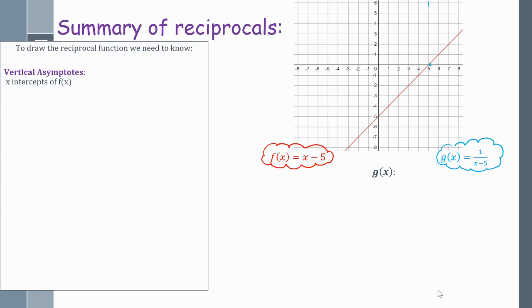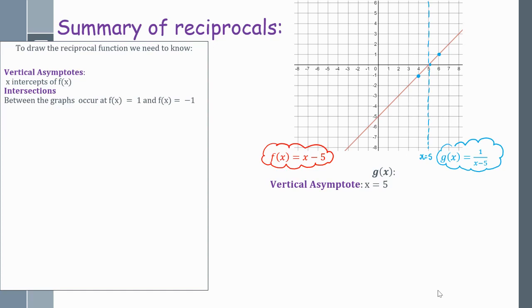Notice our f of x intersects the x-axis at x equals 5, so that is where my g of x will have an asymptote drawn in by a dotted line. Intersections. So note that the two graphs, the original and the reciprocal, will intersect at f of x equals 1 and f of x equals minus 1, or y equals 1 and y equals negative 1.